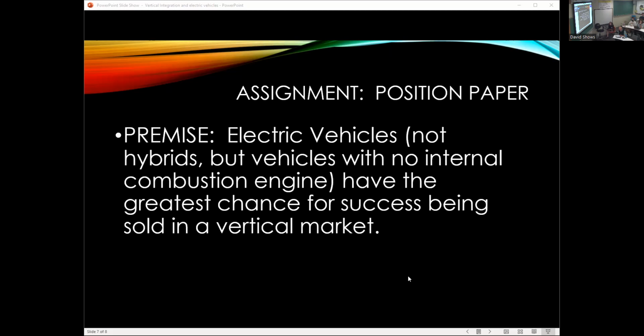Now, this is what's known as a declarative statement. And semantically, when you get a statement like this and you're trying to decide whether you believe it or not, the way to look at it is one phrase at a time, okay?